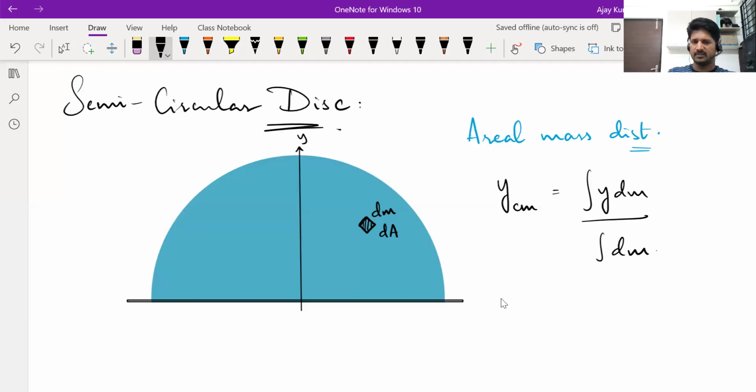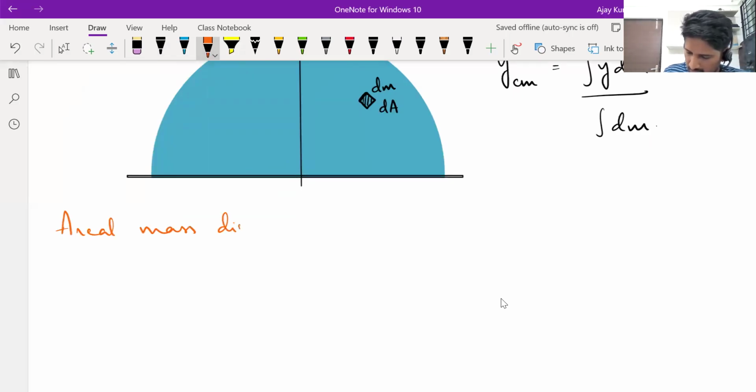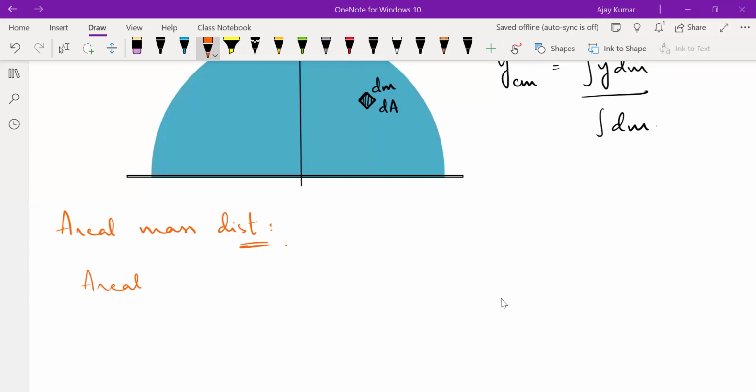We can relate them. If a full disk has a mass m, a half disk will have a mass m by 2 in terms of area. 1/4 of the area will have 1/4 of the mass. So mass is proportional to area. So listen, in case of areal mass distribution, we use something called areal density. For linear distribution, we use linear density.